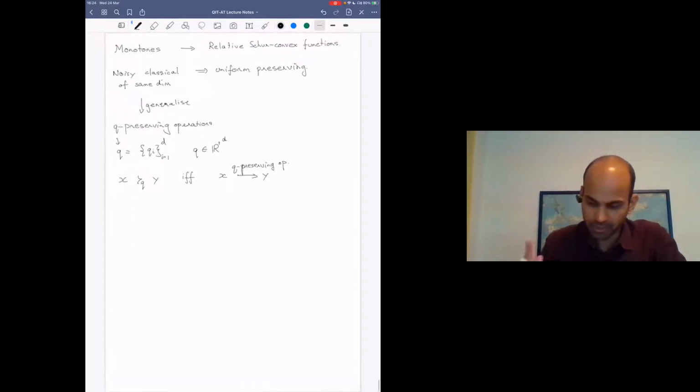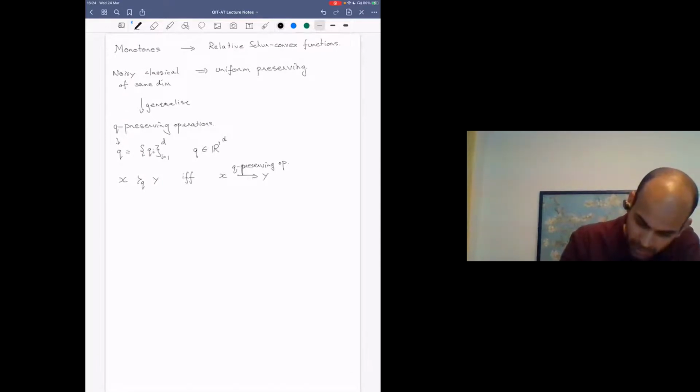And the reason that this is useful is the following. So one way of constructing a Schur-convex function is the following. We take a function g of xi, where g is convex.